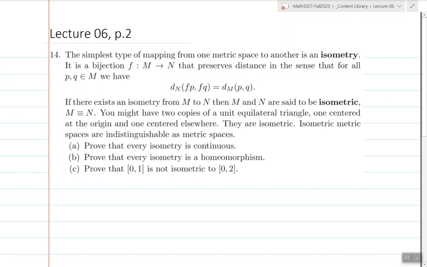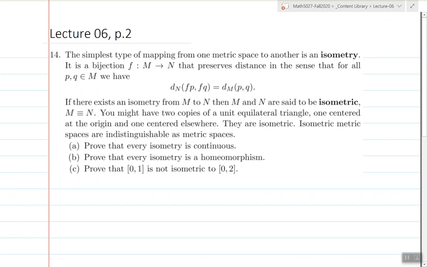So then two spaces are said to be isometric if there's an isometry between them. And isometric metric spaces are indistinguishable as metric spaces. So every isometry is also a homeomorphism. It's continuous. You should try to prove this. It's fairly straightforward, you really just exploit this, and the proofs are fairly short. So I want students to try to do that.